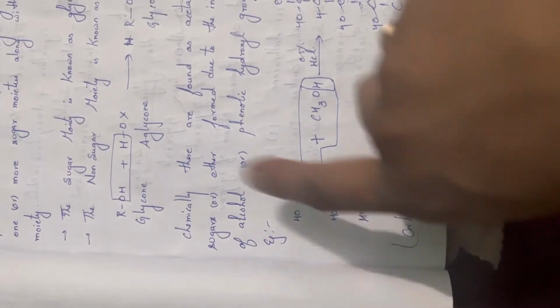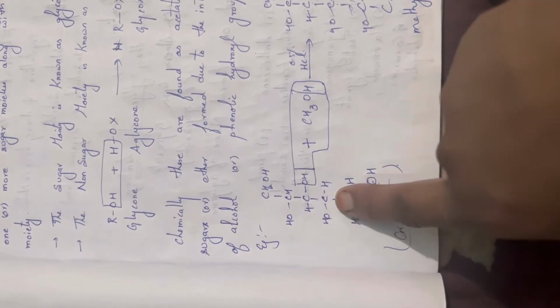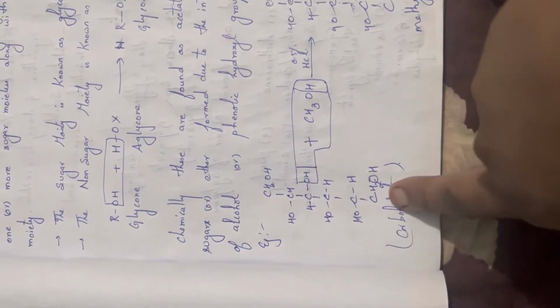For example, consider a carbohydrate CH2OH, CHOH, CHOH, CHOH, CHOH, CH2OH.